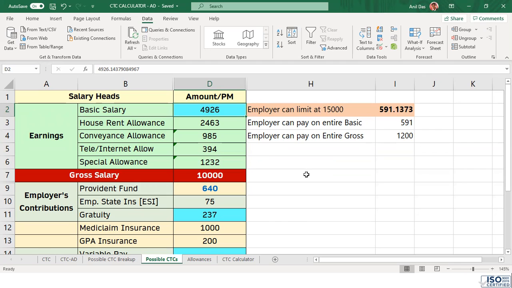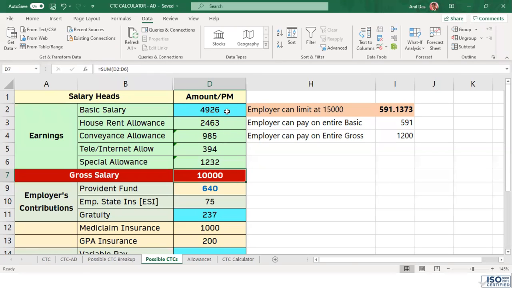But whenever you are designing CTC in Excel or salary in Excel for any employee, you need to keep in mind the minimum wages. No doubt you have taken 50% or 49% as basic salary, but keeping in mind the minimum wages, it should not be more than this amount. You cannot decide your basic salary as lesser than the minimum wages.